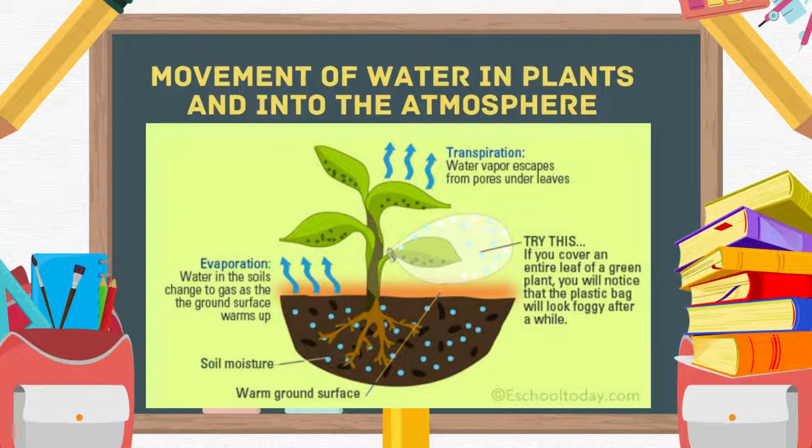So basically, transpiration is the movement of water, or the water that escapes from the pores under the leaves, right? So it escapes through the stomata. Now, stomata are the small openings on the leaf, right?